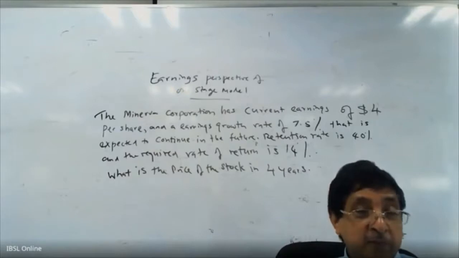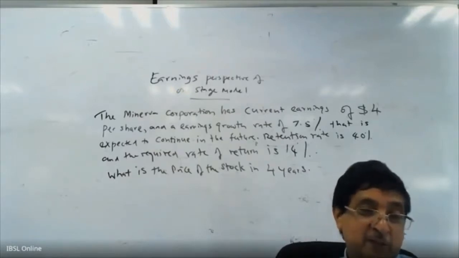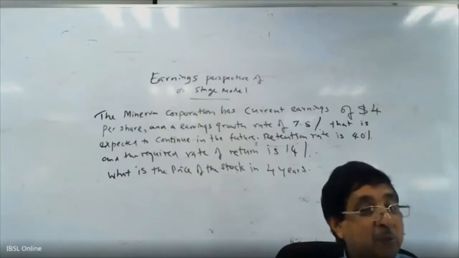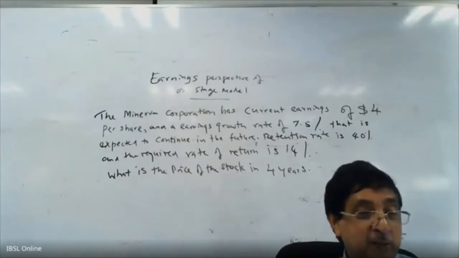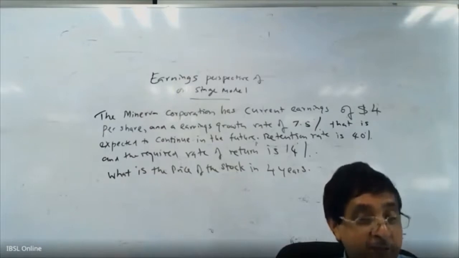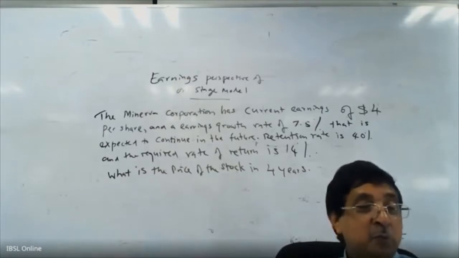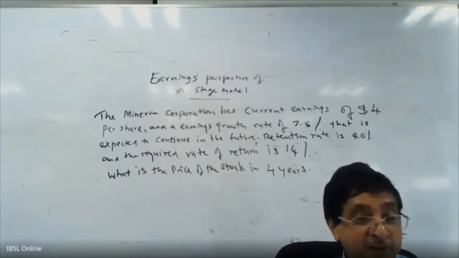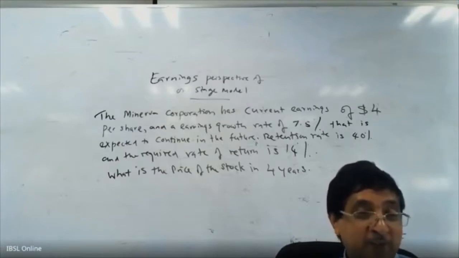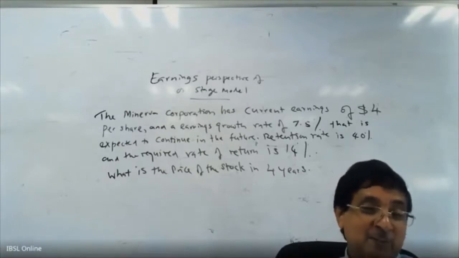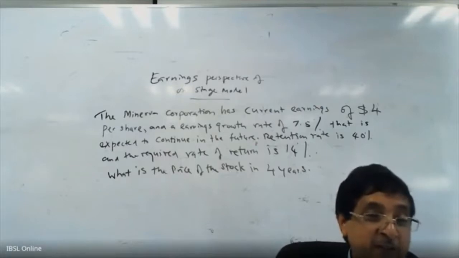There you get P0 is equal to D1 divided by K minus g. If I want to get the price of P1, that is the price at year 1, how should it be? P1 is equal to D2 divided by K minus g. D2 is the second year dividend.